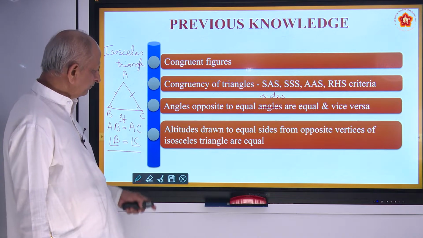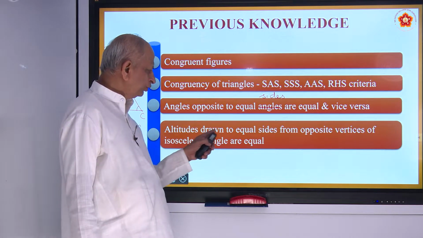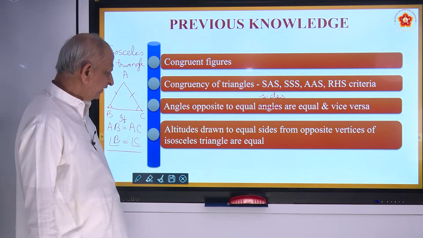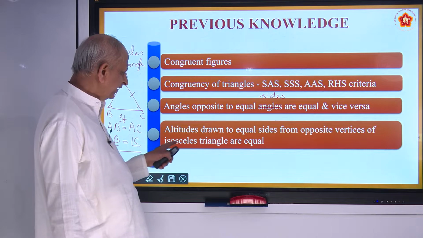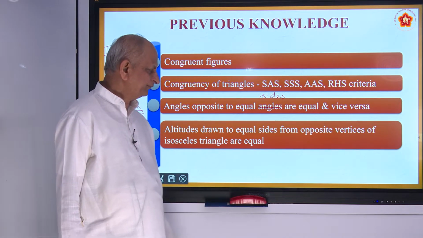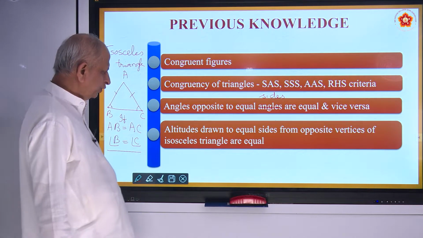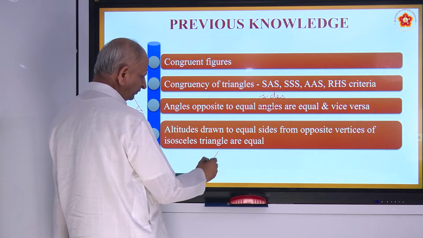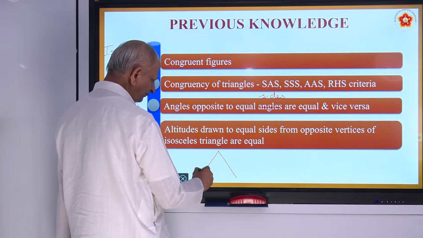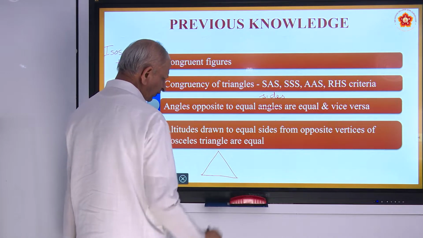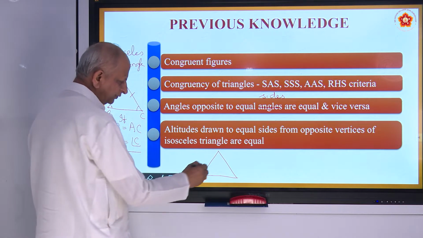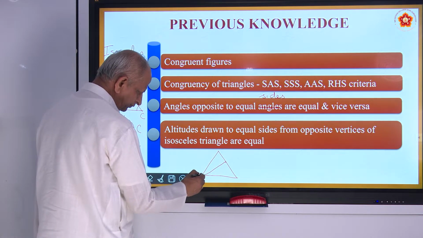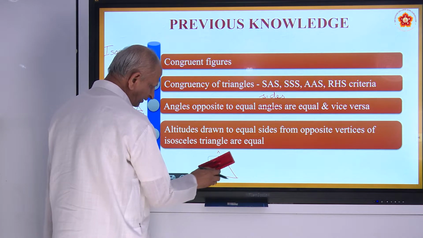Then one more property we have seen: altitudes drawn to equal sides from opposite vertices of an isosceles triangle are equal. What do you mean by altitudes? Altitude means we call it heights. Other name is altitude. I am drawing a rough figure.